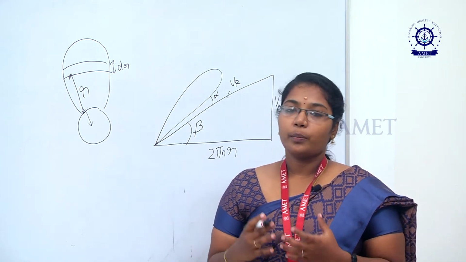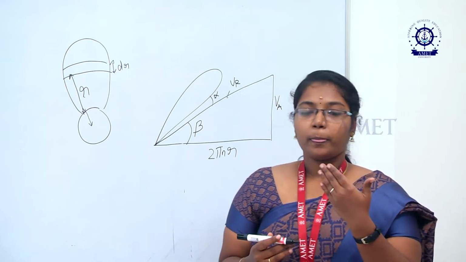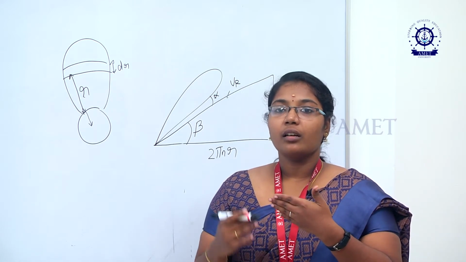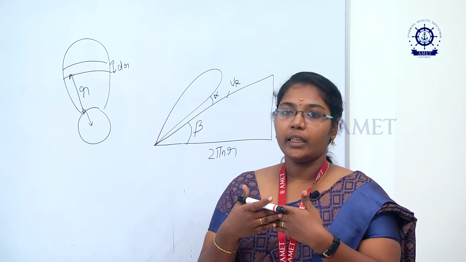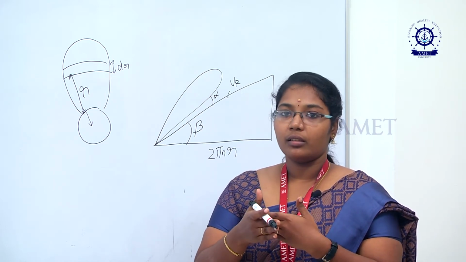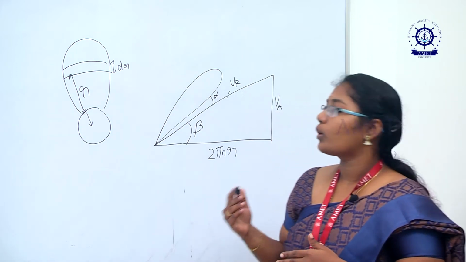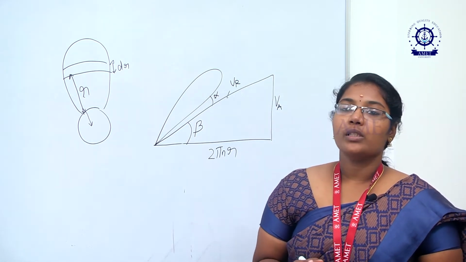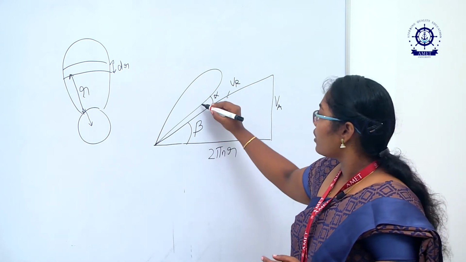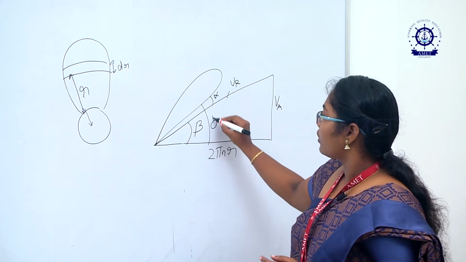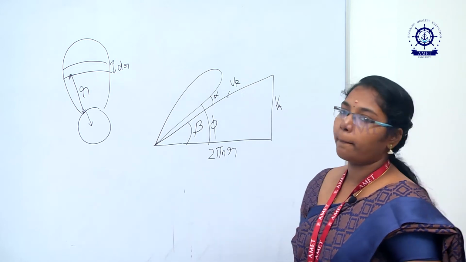If you consider a blade like this, the element of a blade section will not be in the same plane, it will be at some angle. That angle we will call the pitch angle, which is denoted by angle phi. So, this will be your pitch angle phi.